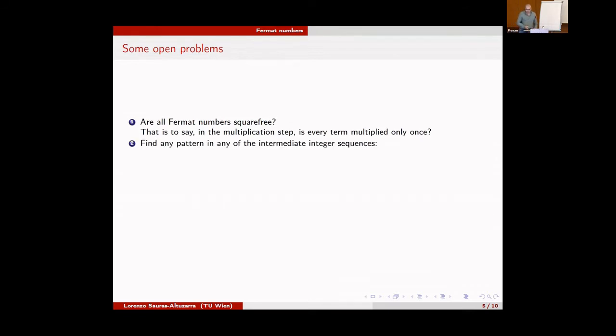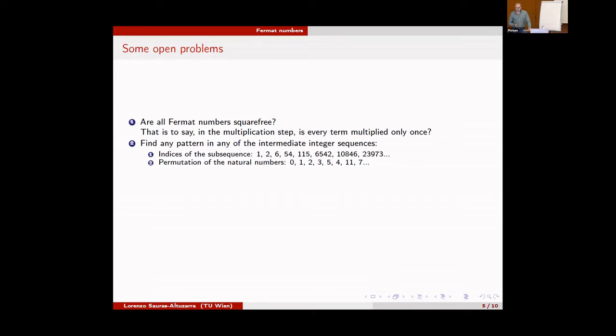Next, what I was commenting of these sequences, that they are completely mysterious so far, and any new pattern would be interesting in any of them. So the first one was the indices of the subsequence that we were considering.